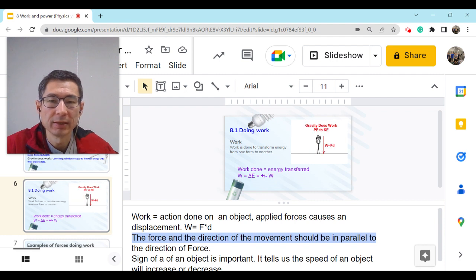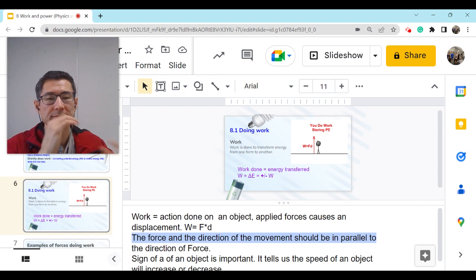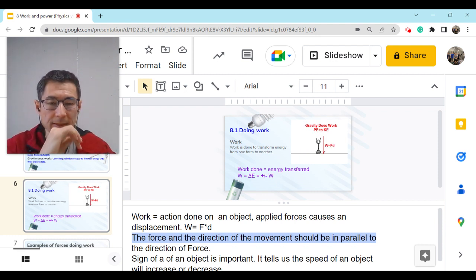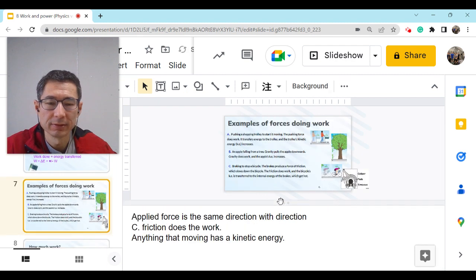That will give me a work done. I think we will learn more when we solve more questions, but let me explain further what I mean.